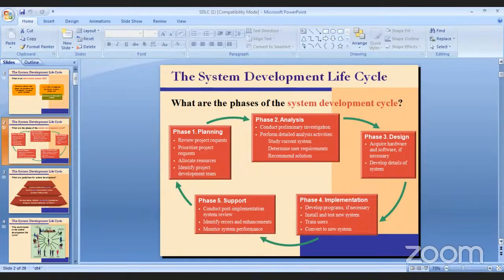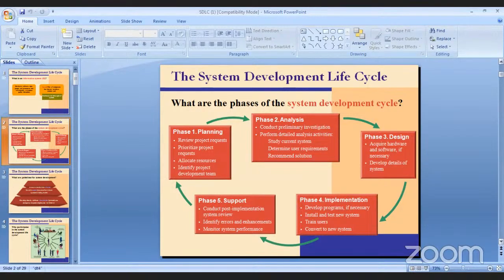This is step 1, or the phase 1. The phase 1 will be the planning. Then phase 2, that is step 2, analysis. Step 3 is the design. Step 4 is implementation. Step 5 is support.